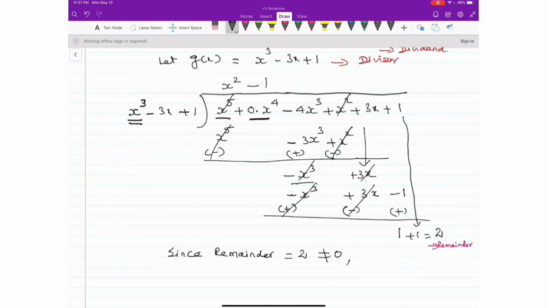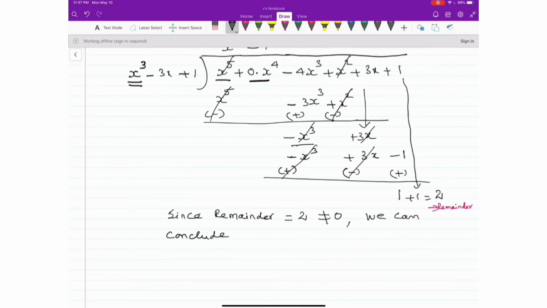So we can conclude that x cube minus 3x plus 1 is not a factor. Very important statement.